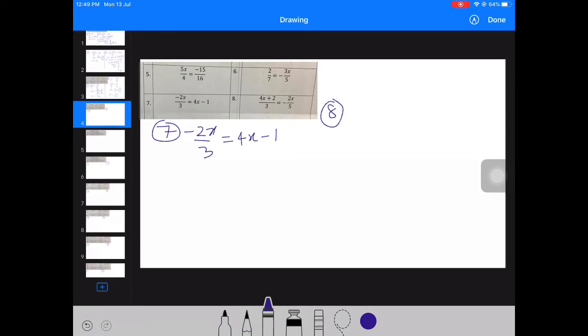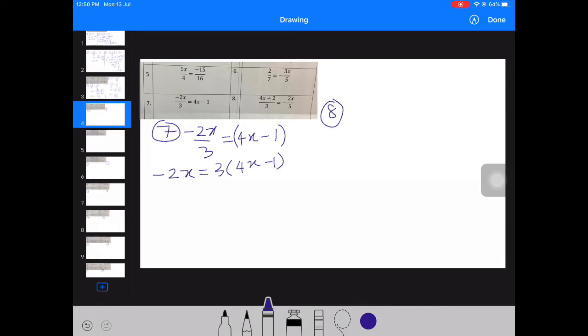Number 1, we can cross multiply the 3, this denominator here, you multiply with all the expression on the right. So even though over there there's no bracket, you can put a bracket. Okay, so negative 2x equals 3 multiply 4x minus 1.